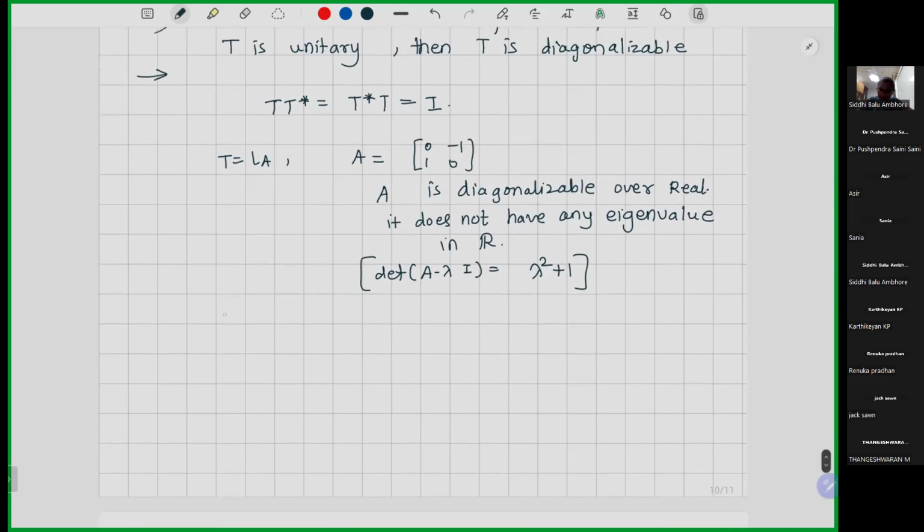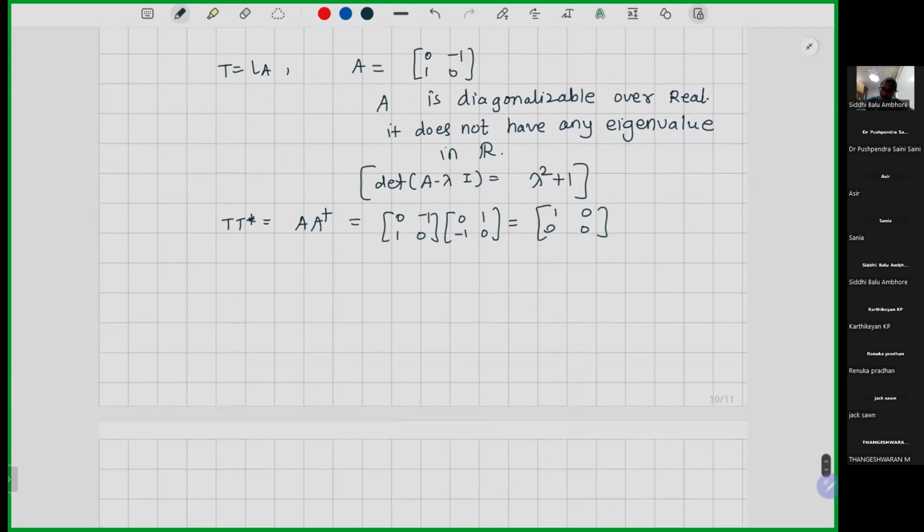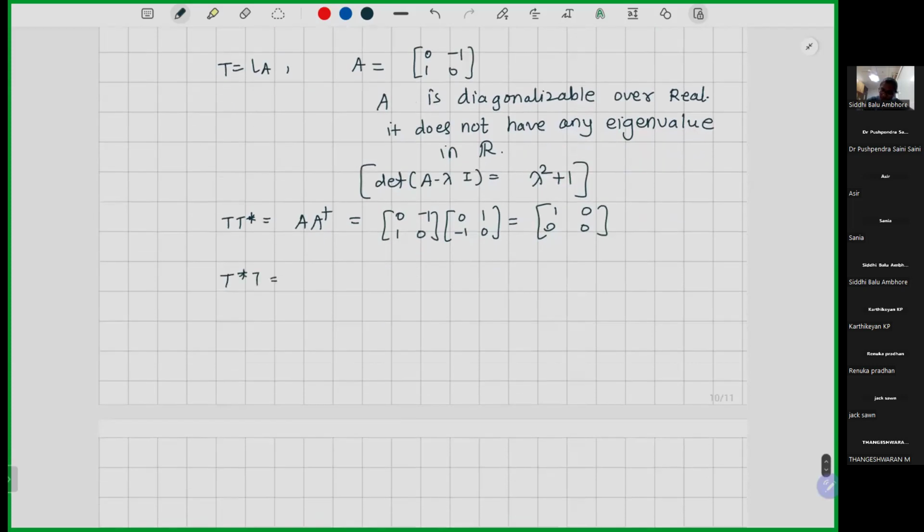But if I take T star, that is A dagger, then this is just 0 minus 1, 1 0, and again 0 1, minus 1 0. Then it is the identity matrix. We just calculated this earlier as well. Again T star T is A dagger A, which is 0 minus 1, 1 0 times 0 1, minus 1 0, and this is again the identity matrix.